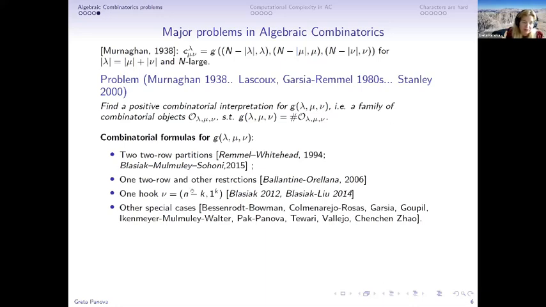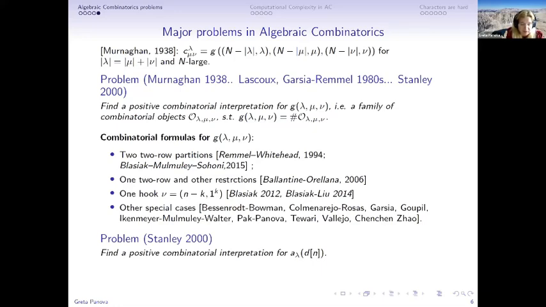The most general one is when one partition is a hook and the other is arbitrary, but it still misses almost all cases that we want to know. And likewise, for the plethysm coefficients, it was listed as problem 9: find the positive combinatorial interpretation for the plethysm coefficients, and there may be even fewer such cases known.